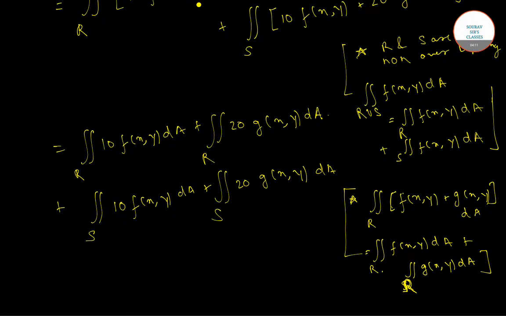That is, the double integration of a sum of two functions equals the double integration of one function plus the double integration of the next function.